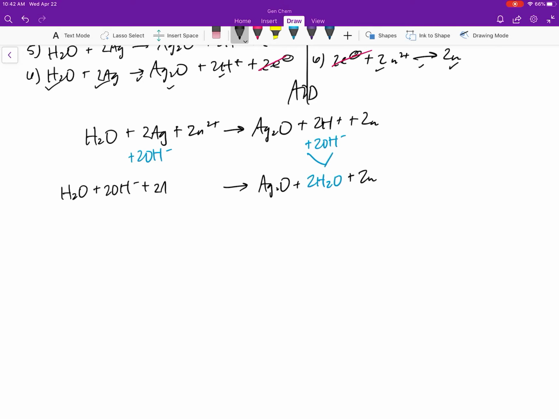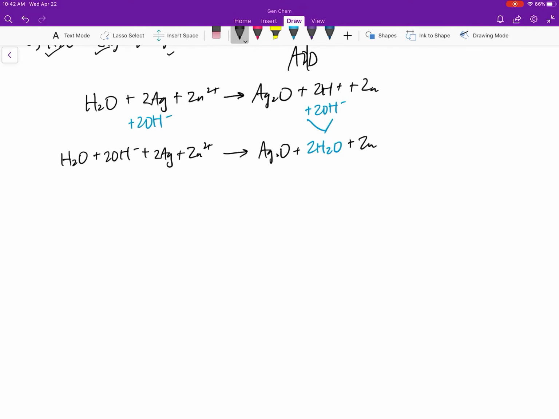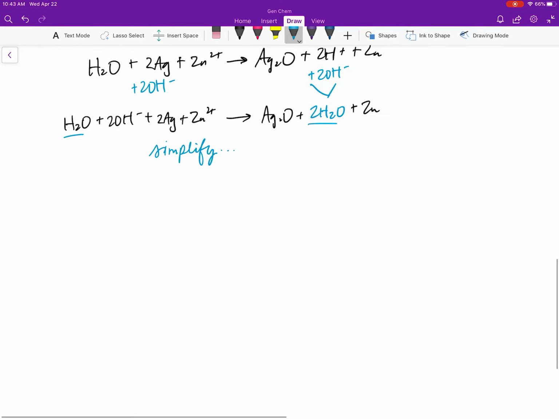Okay, now I have to look at my waters because I can't have waters on the left and the right, so I need to simplify my equation. And when I simplify, I'm going to reduce that.